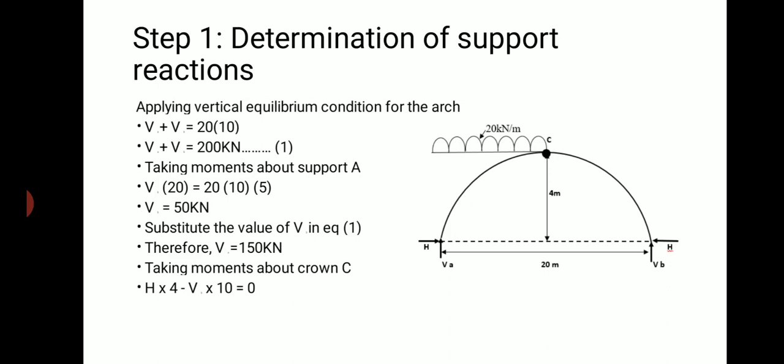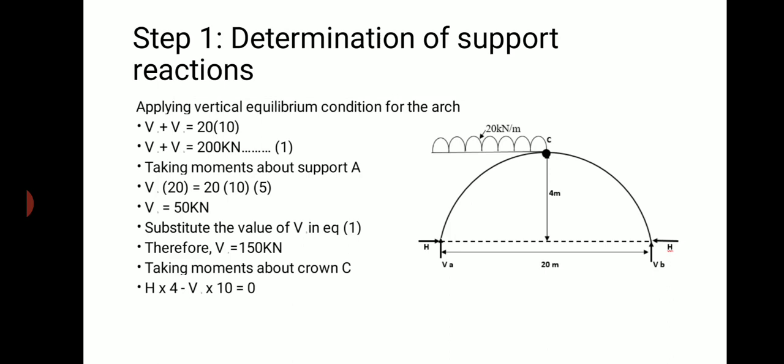Here also I'm taking the sign convention as clockwise moments are considered to be positive and anti-clockwise moments are considered to be negative. So there are only two forces for which the moment has to be considered on the right side of the support, that is H and VB. So H into the perpendicular distance, 4 meters towards the crown, therefore H into 4, it is acting in the clockwise direction, therefore it is taken as positive.